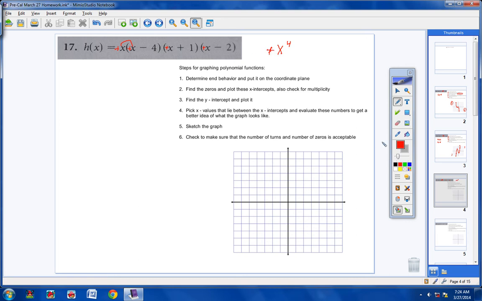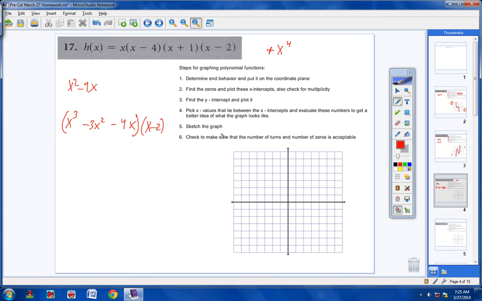Now, if you did not understand what I said on a test or a quiz, unfortunately for you, you might have to go through and do all the multiplication, which can be done relatively quickly. It's not too bad. You would have x squared minus 4x, and then multiplied by this group here, you would have x cubed, and then a negative 4x, and then you would have a positive x squared, and a negative 4 would be a negative 3x squared, and then take this group here times the last group, x minus 2.